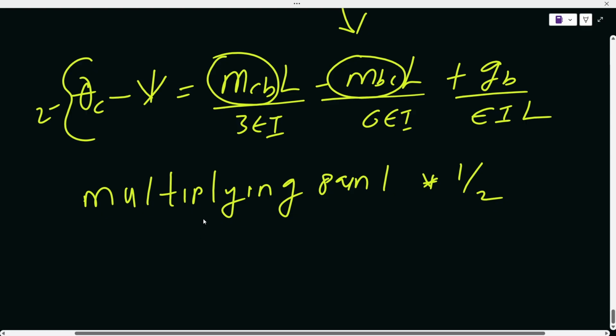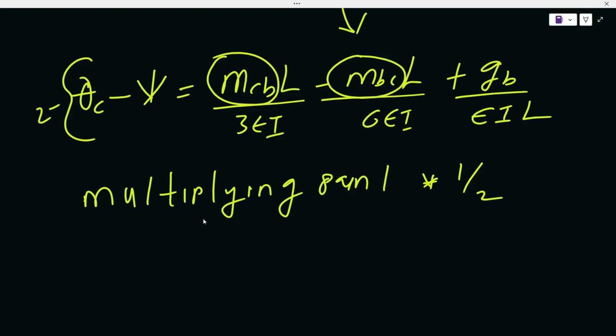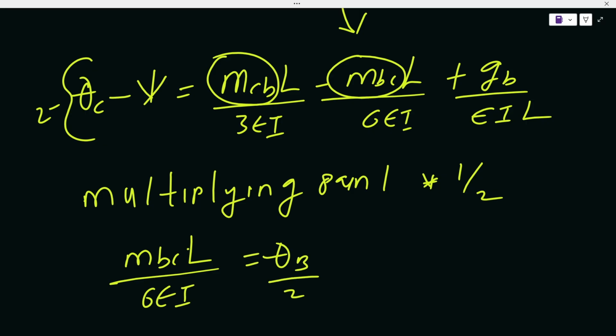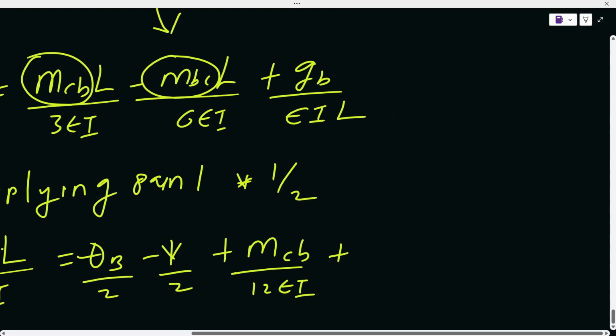I'll be having MBC L over 6EI equals to plus GC over 2EIL.